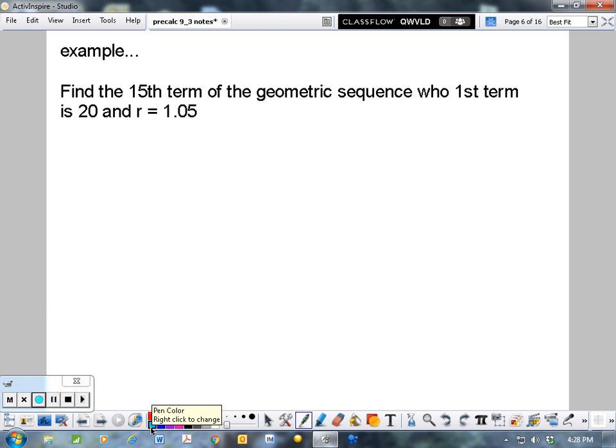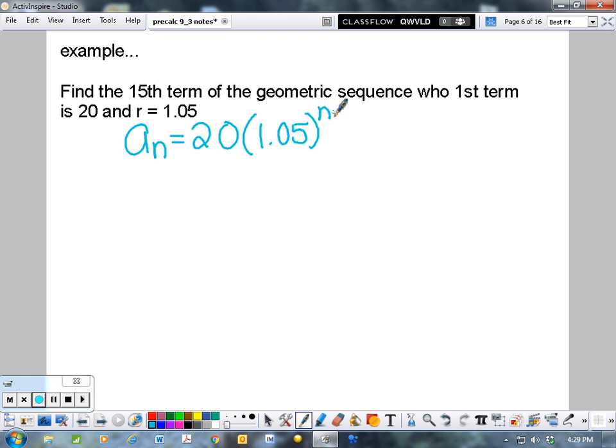Find the 15th term of the geometric sequence whose first term is 20 and r is 1.05. So we can do our nth term. So an is my first term, 20, times my r to the n-1 power. And then from here, we want to find the 15th term.